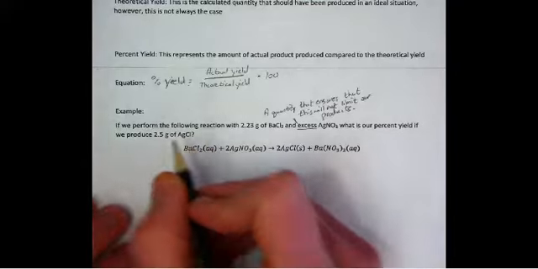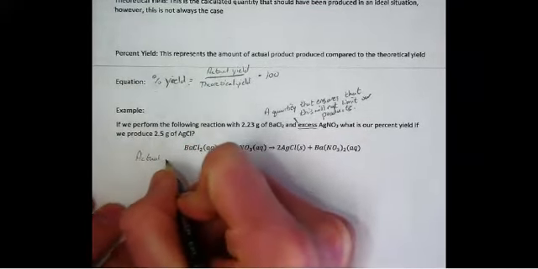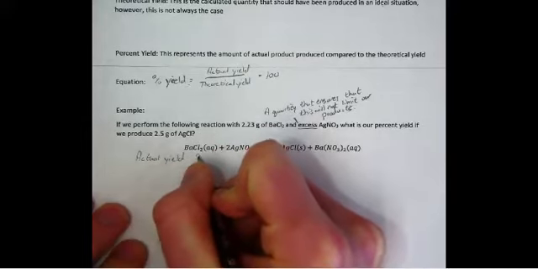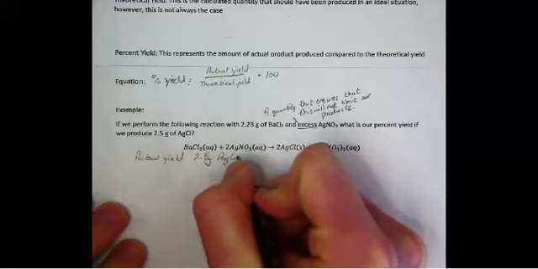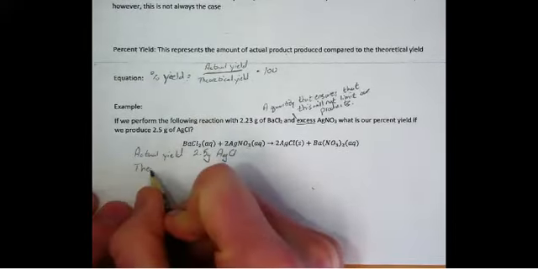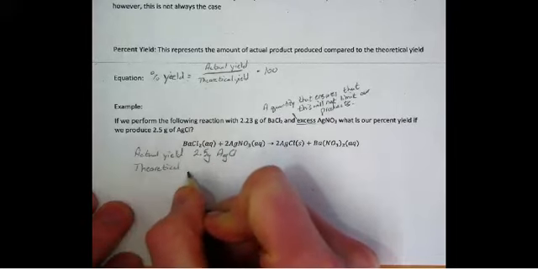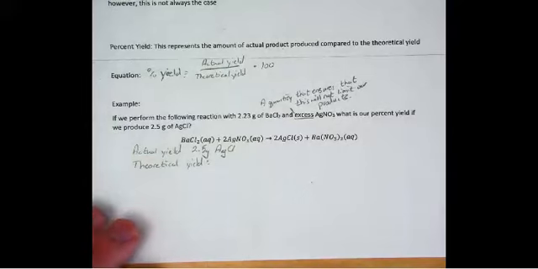We were given in the problem an actual yield of 2.5 grams of silver chloride. We need to determine the theoretical yield. In order to do that, we know exactly how much barium chloride we started with. We know that we're not going to run out of silver nitrate, so we don't need to run any calculations on silver nitrate.